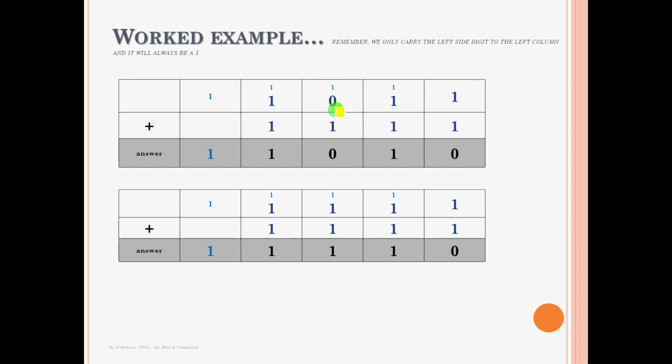See that 0 in the middle? 1 plus 1 is 0, carry 1. 1 plus 1 plus 1 is 1, carry 1. 1 plus 0 plus 1 is 0, carry 1, because that's a 2 basically. 1 plus 0 is 1, plus 1 is 2. 0, carry 1, and again we have the 3 1s here, which is 1, carry 1, and then we have a 1 that we carried right at the end. Put a 0 under here, so we have a 1 there, hence the answer here.